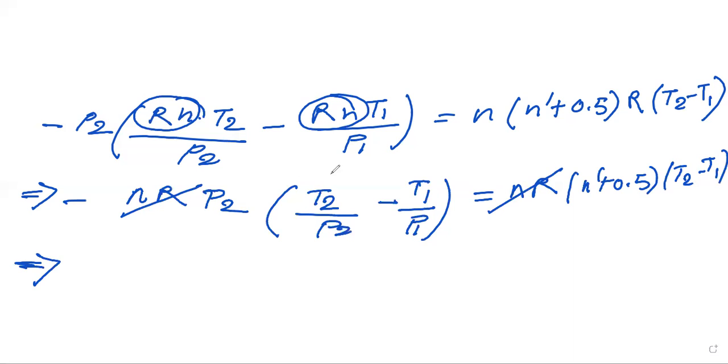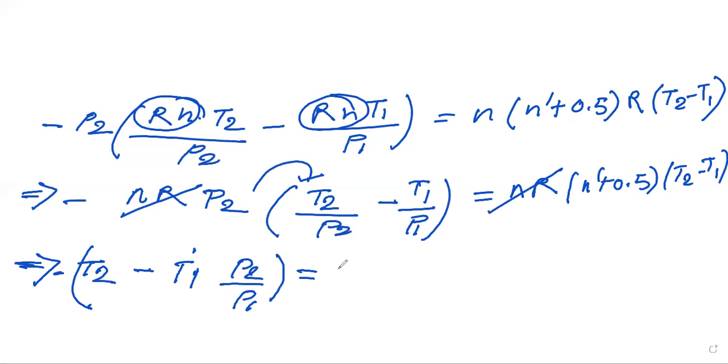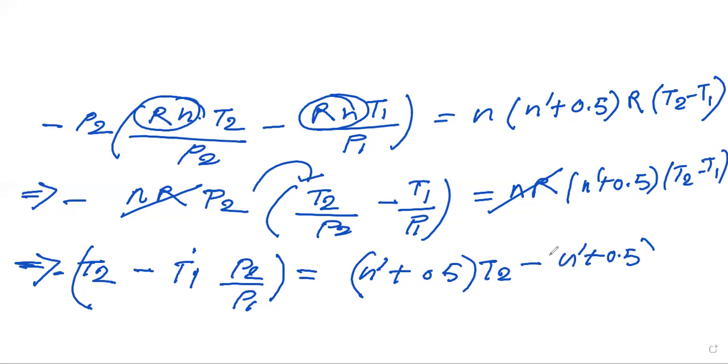Multiplying T inside here, we have T2 minus T1, obviously with a minus sign here, T1 into T2 by T1 equals (n dashed plus 0.5) T2 minus (n dashed plus 0.5) T1.